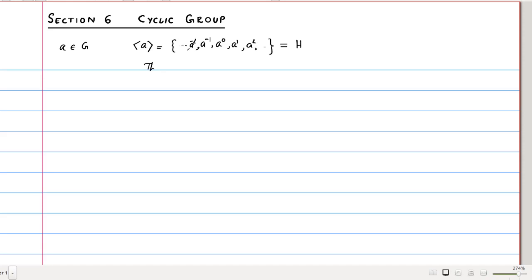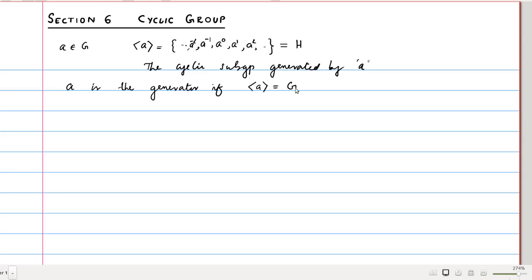The cyclic subgroup generated by the element a, in this case we define a as a generator if this cyclic subgroup generated by a is the whole of the group G. In this case G is called the cyclic group.